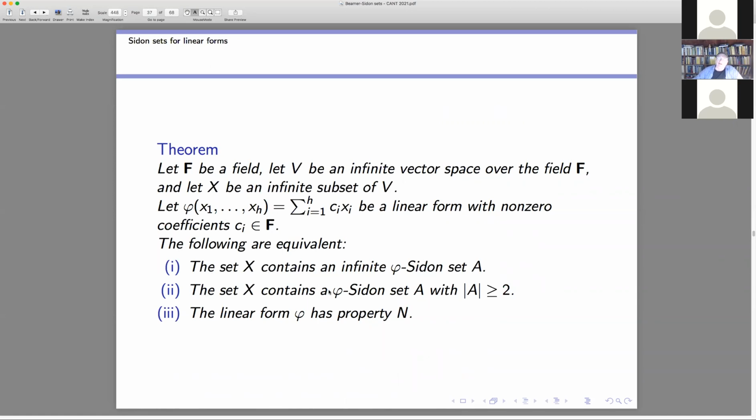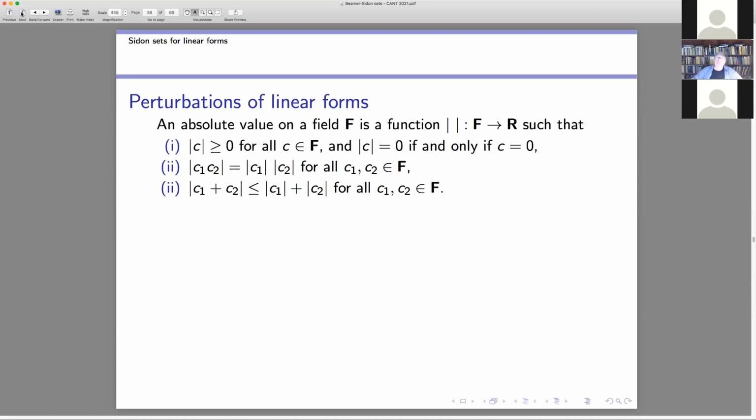Two: X contains a phi Sidon set with at least 2 elements. Two implies three: if X contains a set with at least 2 elements, then the form has this negative property N. And then the key thing is that the converse holds: if the form has this negative property N, then there exists an infinite phi Sidon set for the set. So that gives you a necessary and sufficient condition for a phi Sidon set to exist.